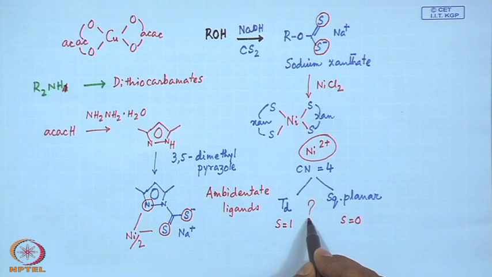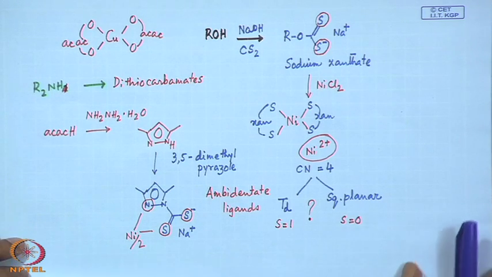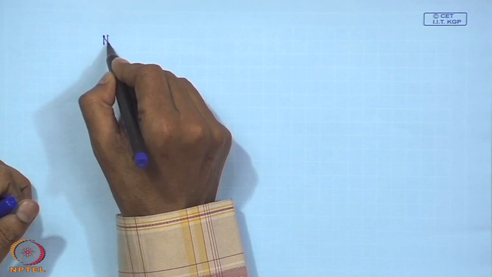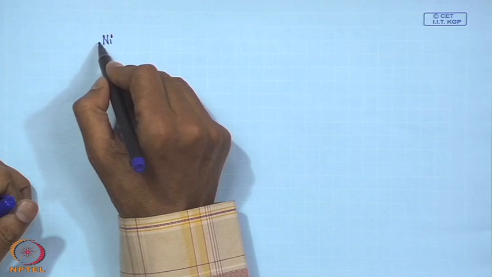But if we have some intermediate magnetic moment, then we can expect some other geometry in between a square planar and a tetrahedral one.